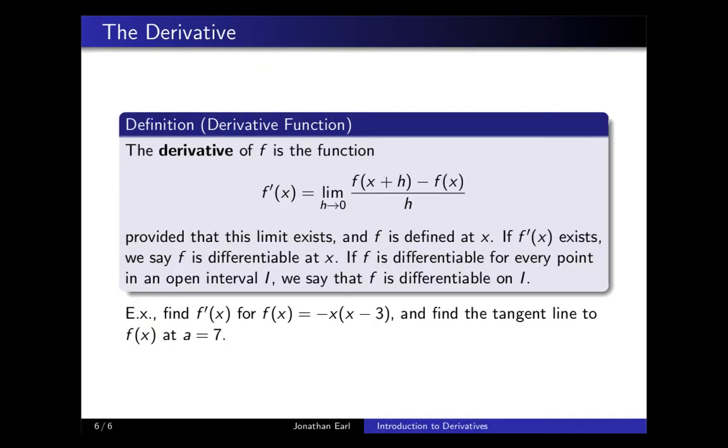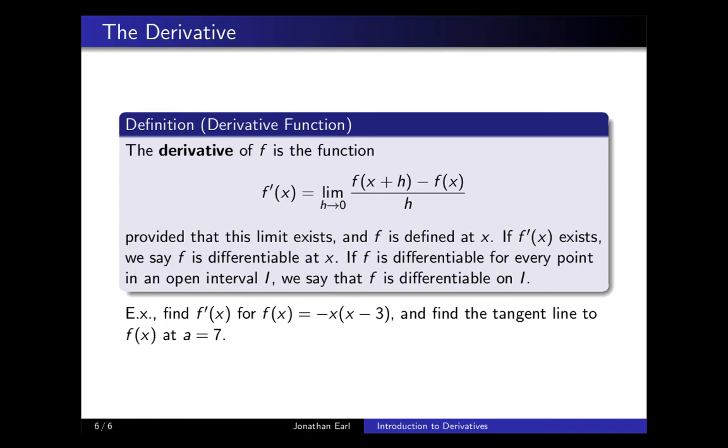Okay, and then the last thing that we want to do here is define the derivative function. So what we just found was the derivative at a particular point. If we wanted to find the derivative for some particular function at various places, we could do it by finding that limit at the various points, or we could first find the derivative function and then evaluate that function at the various points.